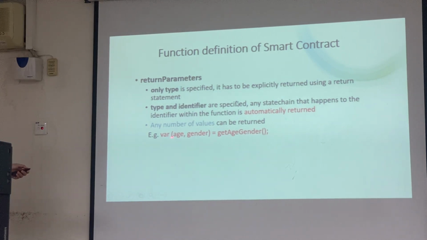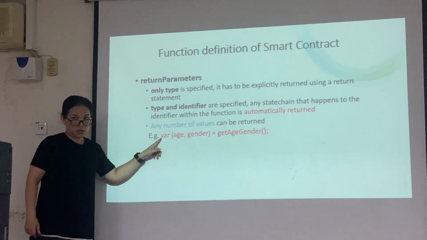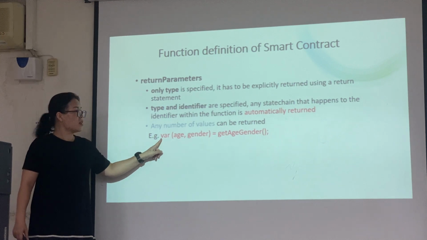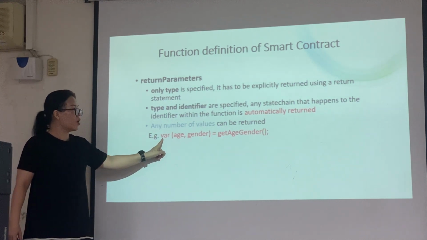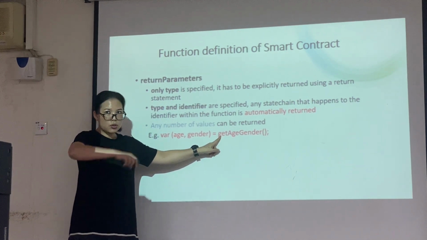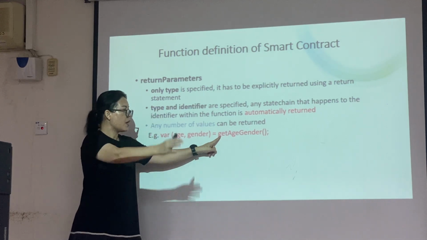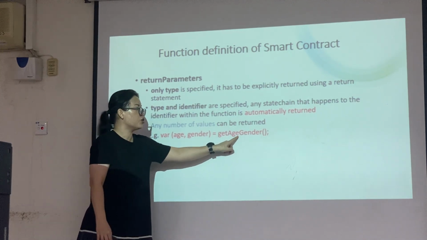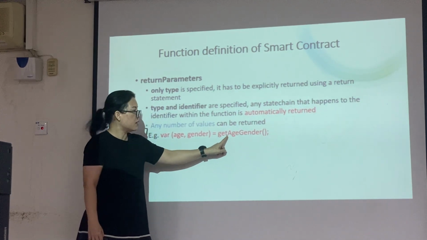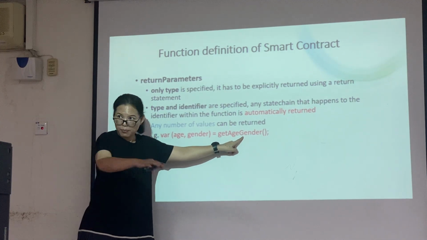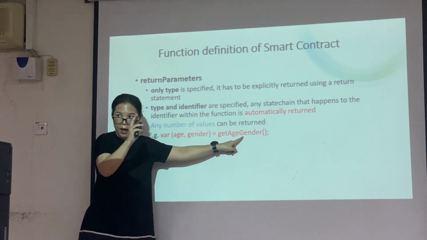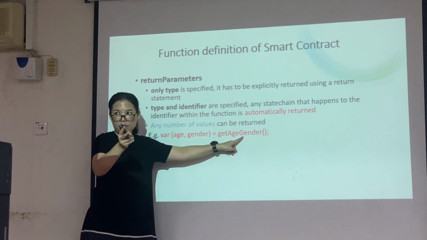Now, remember this question over here. This one is an example. This is a front end. VAR is a front end. If you are going to call your back end, there is a function called get age gender, and based on your back end, it has two return values.